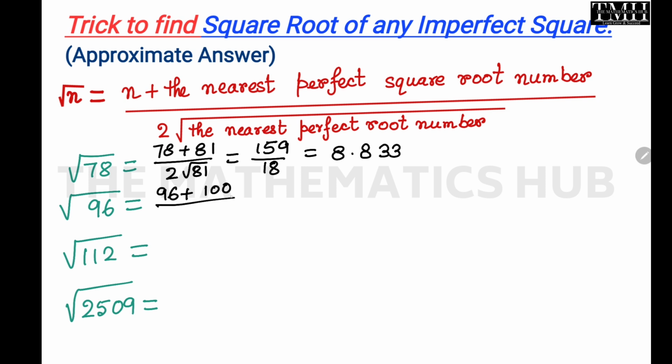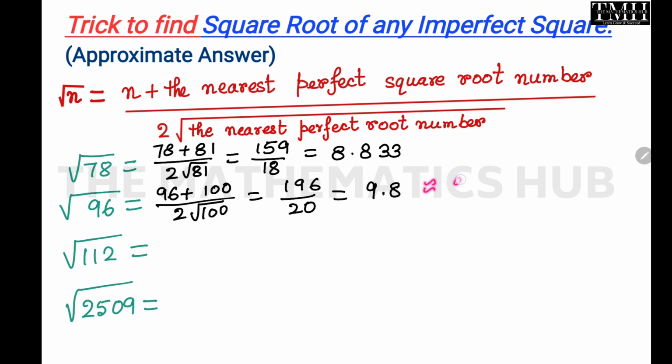Now the denominator will be 2 multiplied by square root of 100, which is equal to 196 by 20, which is equal to 9.8. Do you know the exact answer?